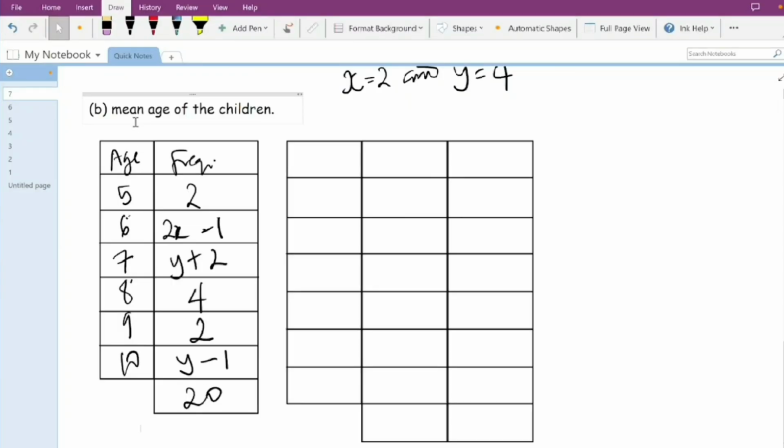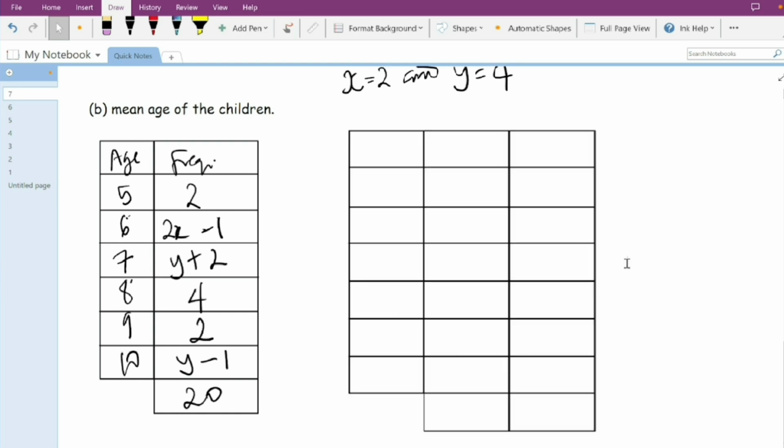Question B says find the mean age of the children. For us to find the mean age, we have to substitute the numeric values of x and y into the equation. So we have it as normal statistical tables. We have our age here, which is 5, 6, 7, 8, 9, 10.